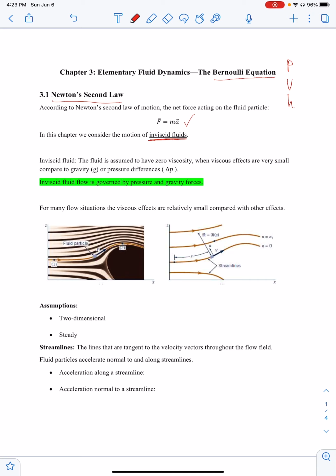For example, one of the assumptions that we made in this chapter is inviscid fluid. An inviscid fluid is when viscous effects are very small compared to gravity or pressure differences. This is why we can say that we have zero viscosity.